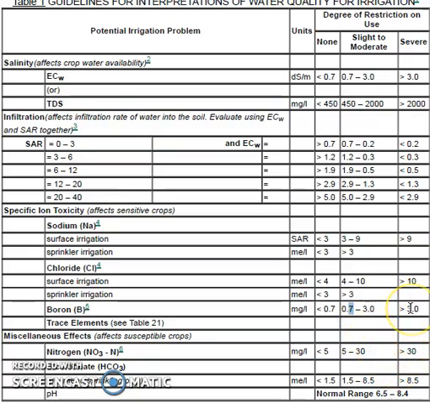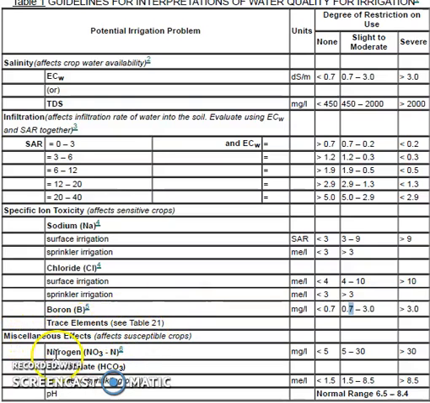If it is more than 3, then you have severe degree of restriction in use, and avoid irrigating with this type of water. If the concentration of boron is more than 3, avoid irrigating fruit trees, because it may accumulate boron and cause toxicity to the plant.